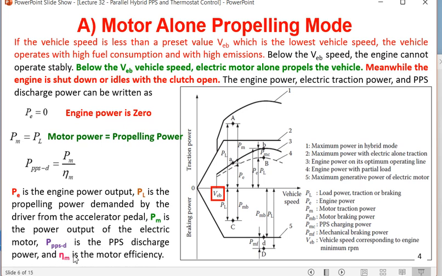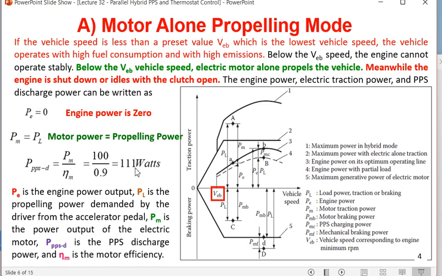Eta M is the efficiency of the secondary drivetrain. If 100 watts is required by the motor to drive the load, suppose PL is equal to 100 watts and PM is equal to 100 watts because PL is equal to PM, then with a drive efficiency of 0.9, PPS has to actually produce 111 watts.